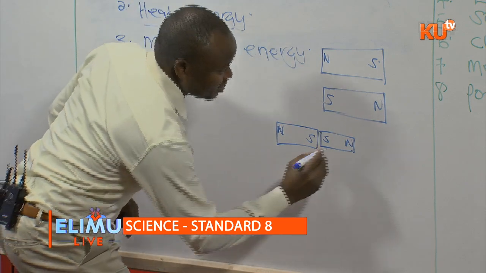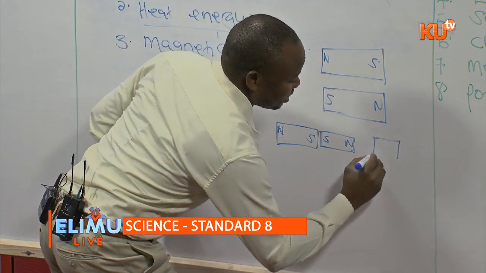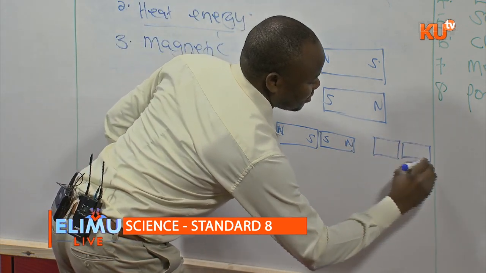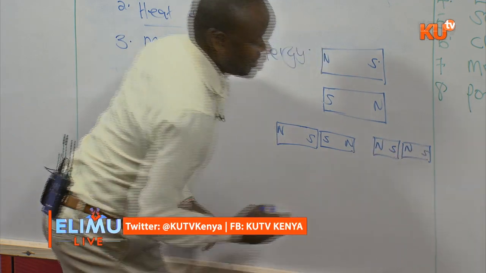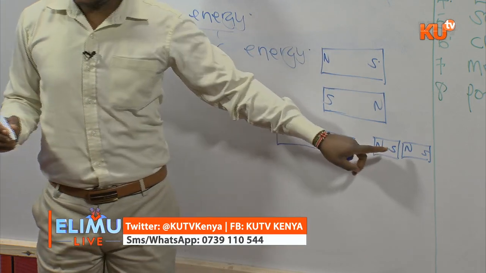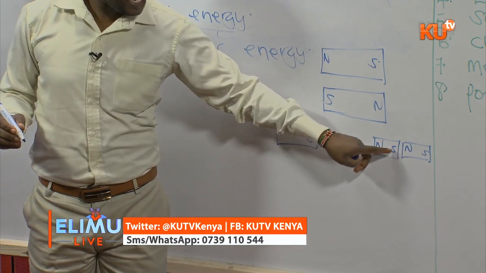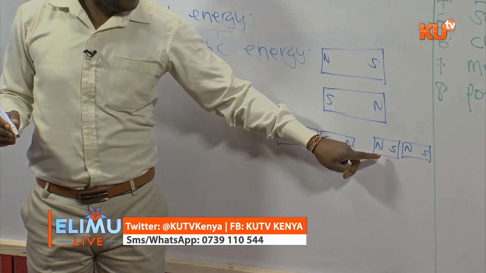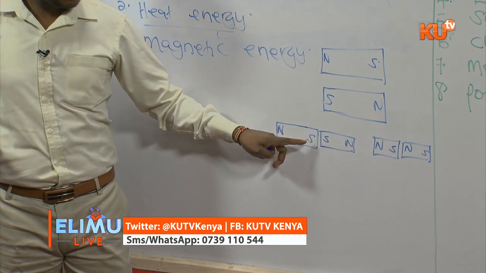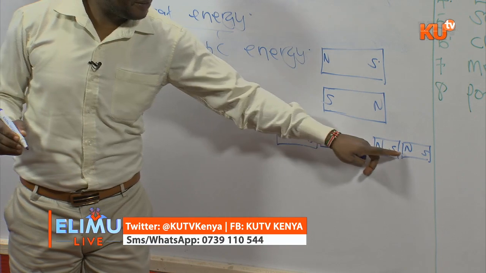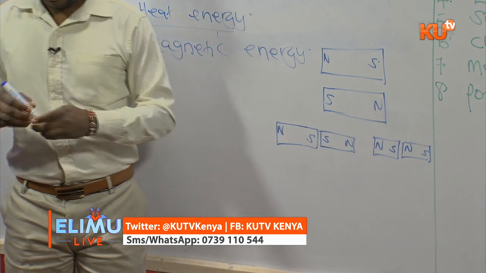But when I join this one, there are two magnets here. This is north, south, and this is north, south. These two magnets are going to attract because these two are unlike poles. But these two are like poles. Like poles repel and unlike poles attract.